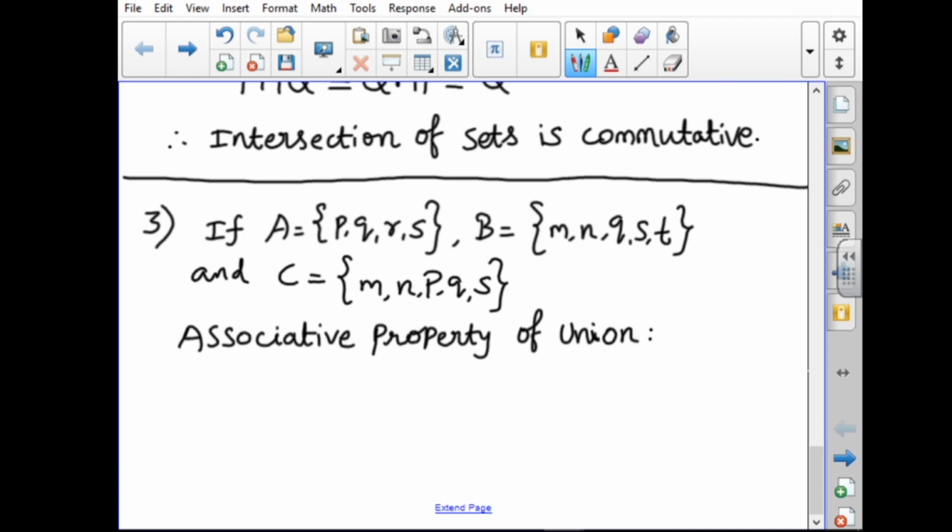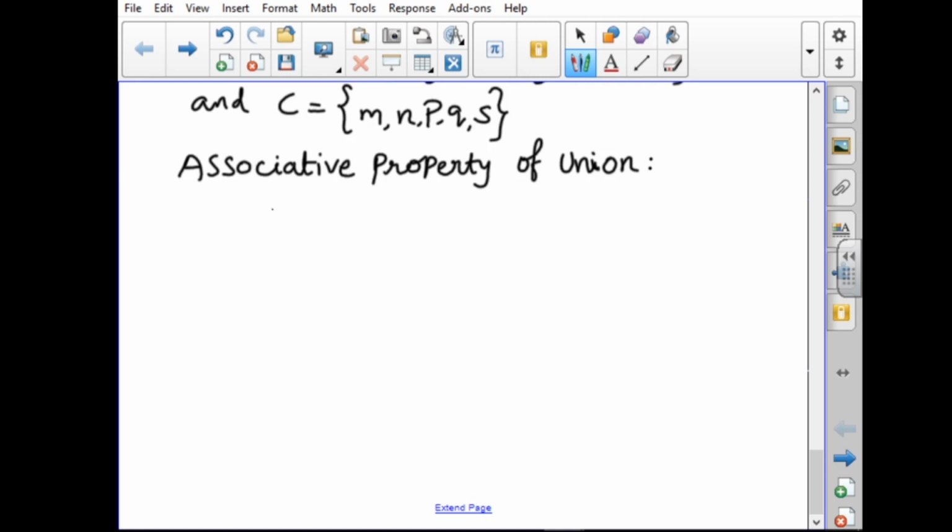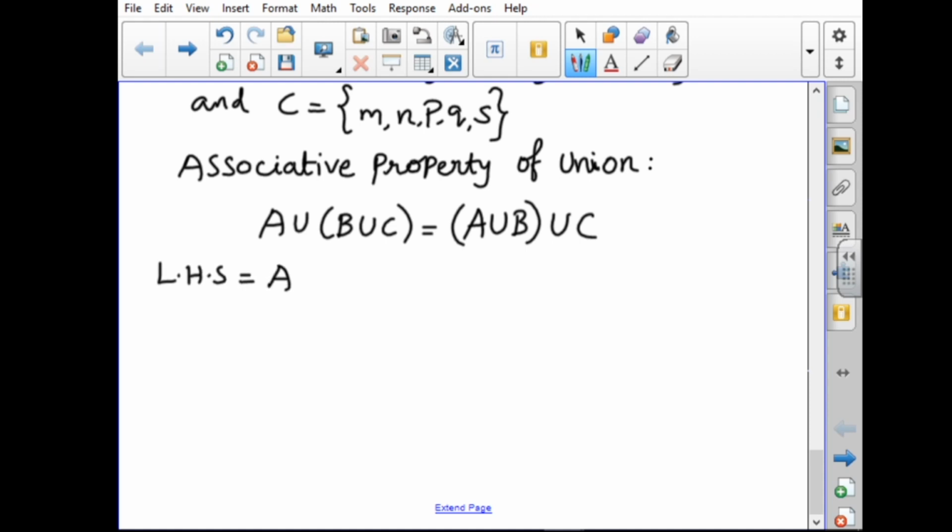Associative property of union is A union (B union C) is equal to (A union B) union C. We should check whether this property is satisfied for the given values. So first you should find LHS. LHS is equal to A union (B union C).